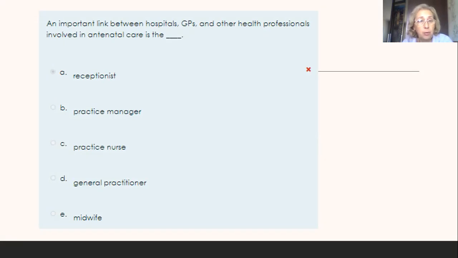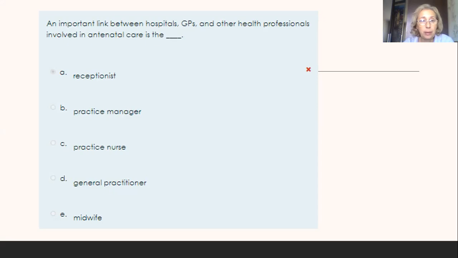And receptionist, as somebody has chosen, is not a link between doctors and professionals. He's just the person who meets the patients in the clinic.